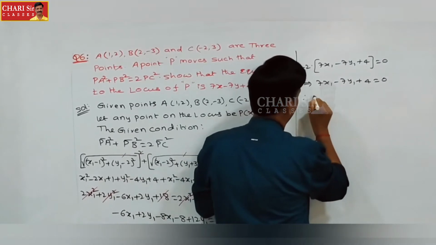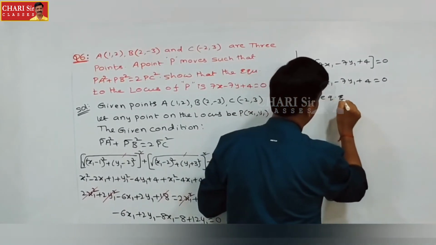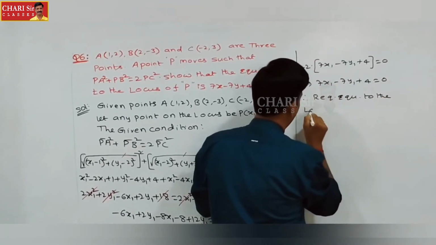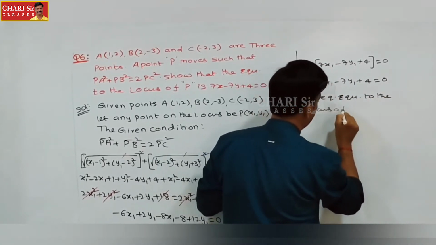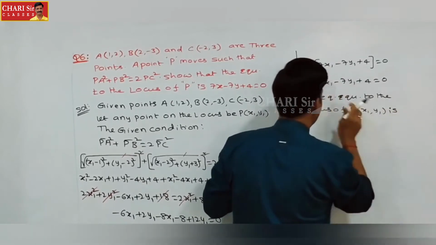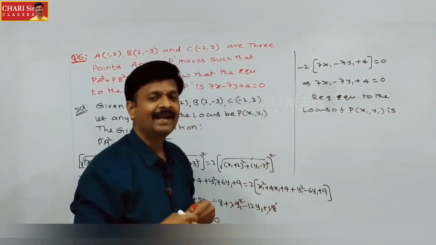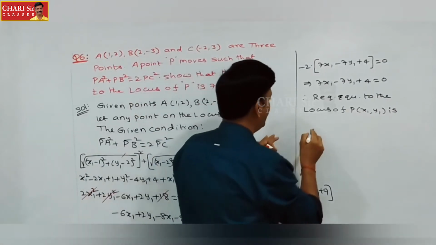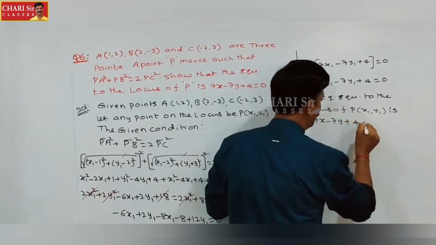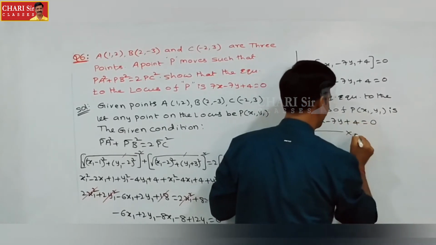Therefore the required equation to the locus of P(x1, y1) is: remove x1, y1, replace by x and y, that is 7x minus 7y plus 4 equal to 0. This is your final answer.